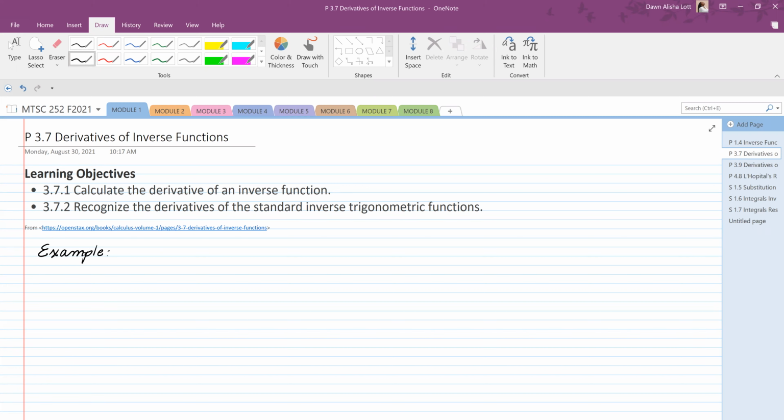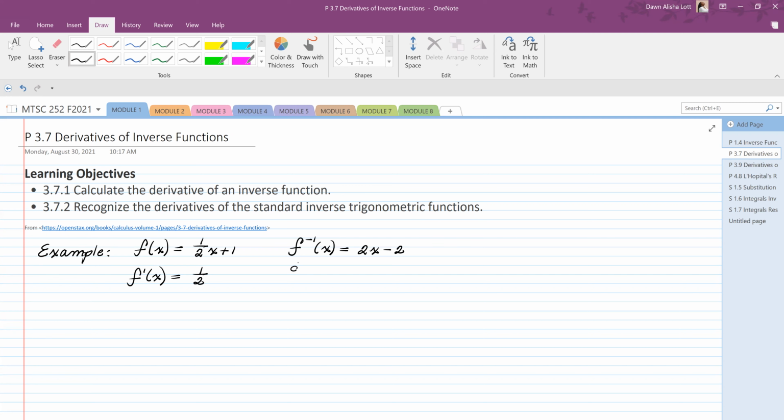Here's an example, something very easy. f of x is equal to 1/2 x plus 1, and f inverse of x is equal to 2x minus 2. If I take the derivative of f, I get 1/2.